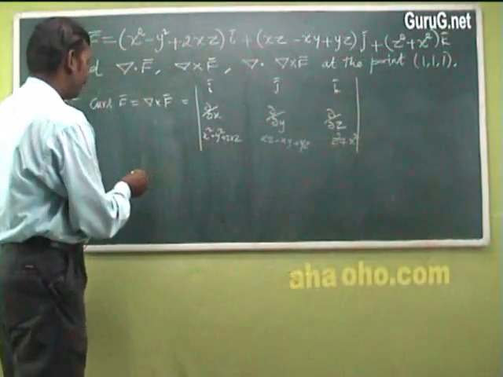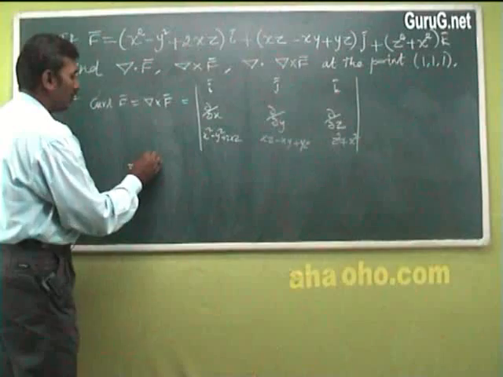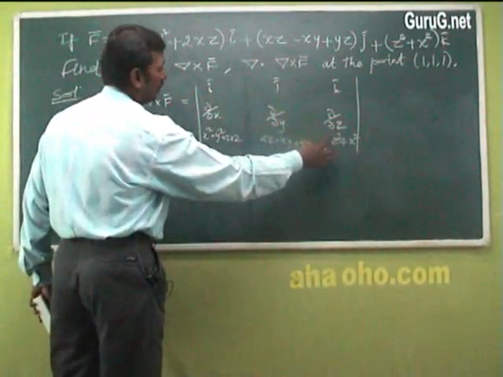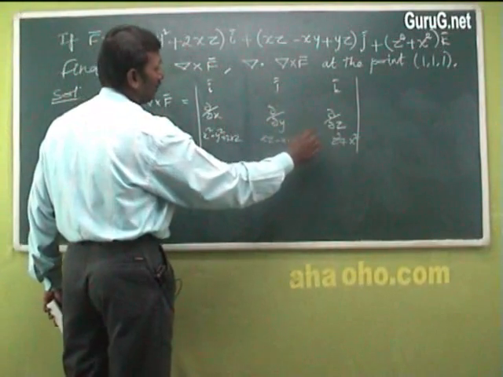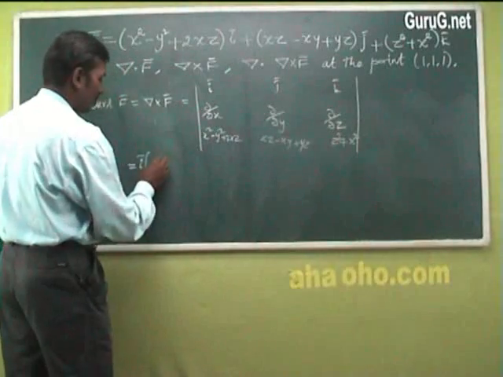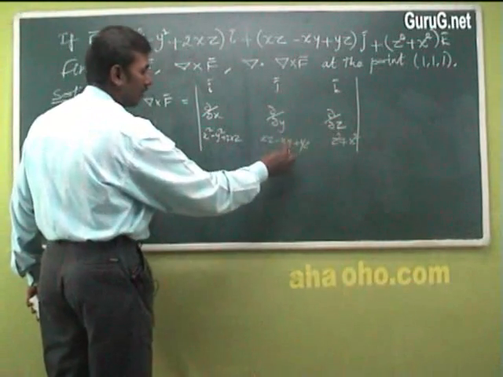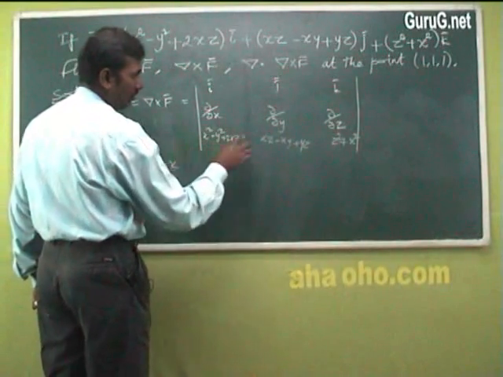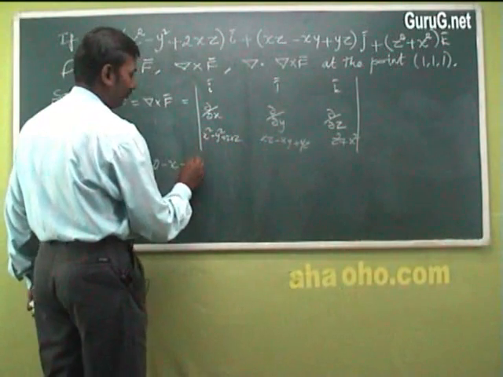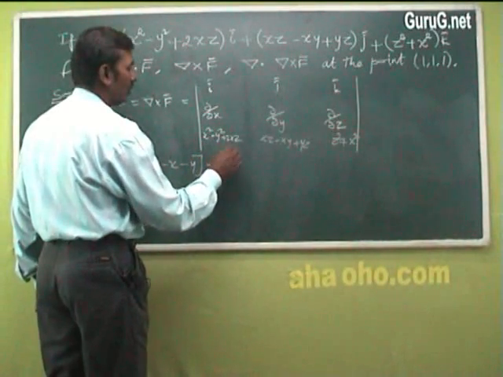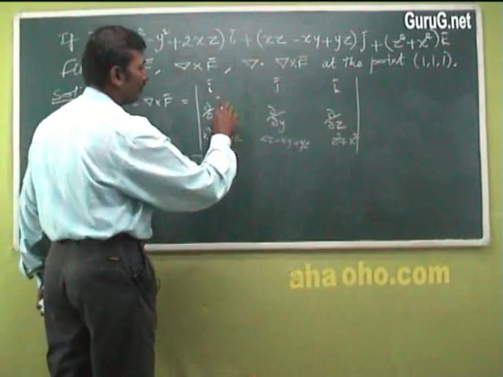Expand it. So i vector into, omit this column and this row, multiply these two, that means operating with respect to y. Dou by dou y of this, so 0. Then dou by dou z of this, minus x and minus y. And minus j into, omit this column and this row.